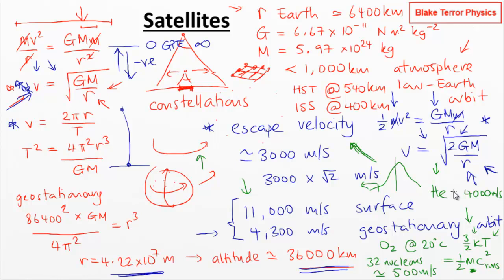Now, don't think, though, that the only escape mechanism for molecules in an atmosphere is thermal processes. It doesn't mean anything which is below 11,000 meters per second purely from thermal effects will not escape, because you've got magnetic effects going on as well.